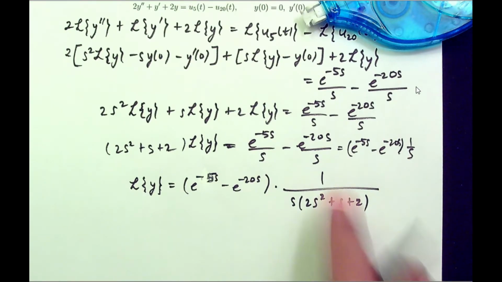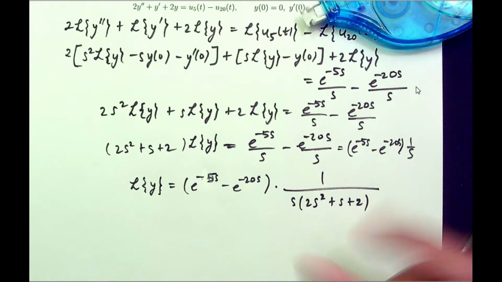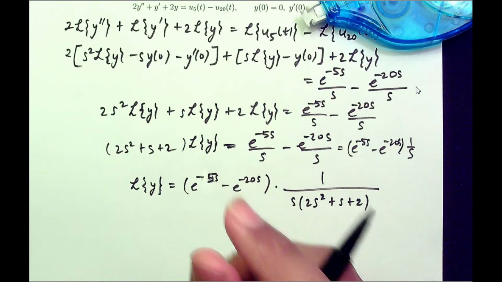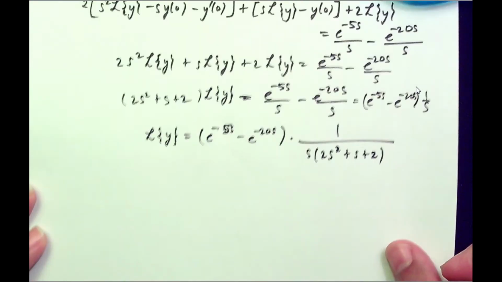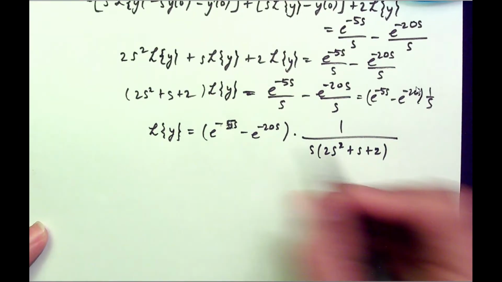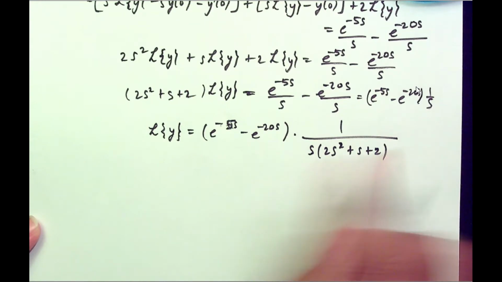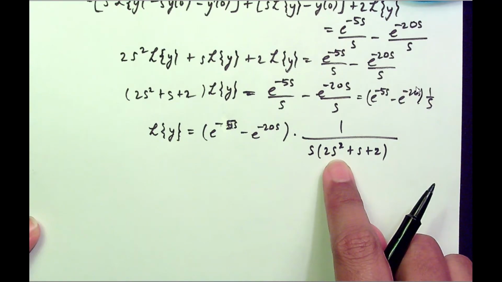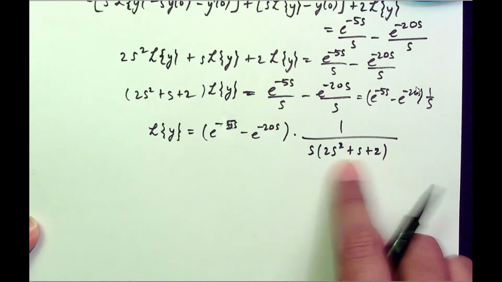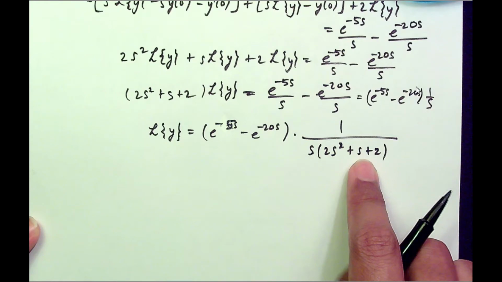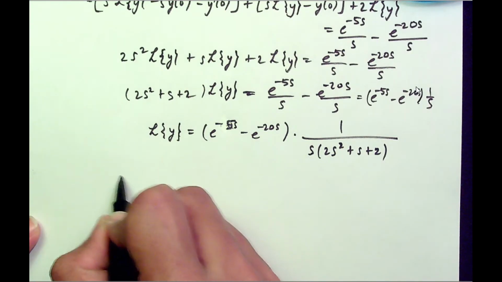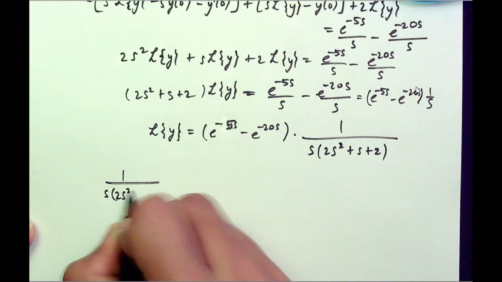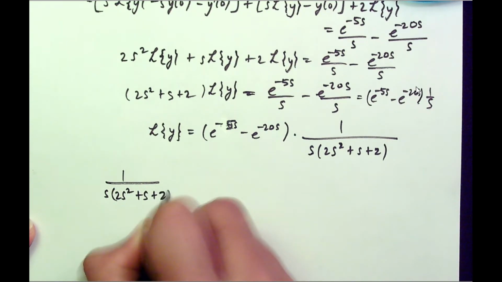Okay, now this part we break up using the partial fractions decomposition technique. By the way, this part does not factor anymore. That's irreducible. You cannot factor that. You can try, you cannot factor it. So this is going to be 1 over s times 2s squared plus s plus 2.